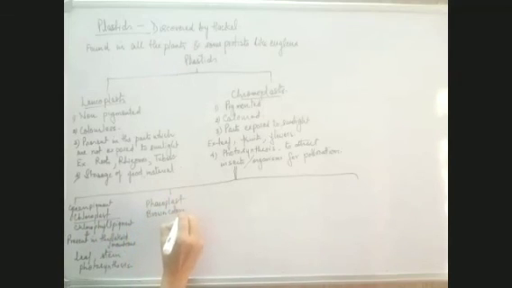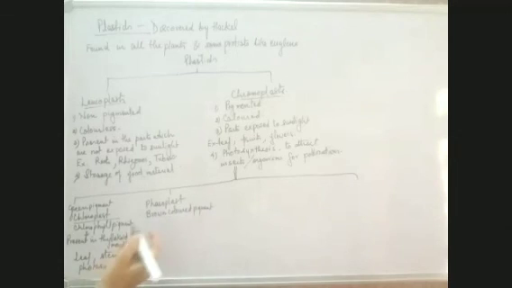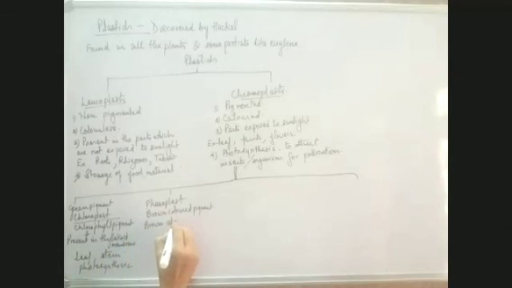I'll write here brown colored pigment. This is present in the brown algae. If you remember, we did brown algae, and the name of brown algae was Phaeophyceae. So it belongs to the group Phaeophyceae.